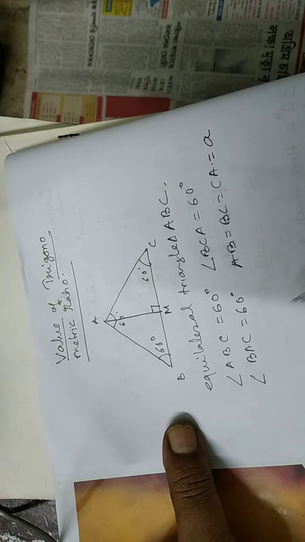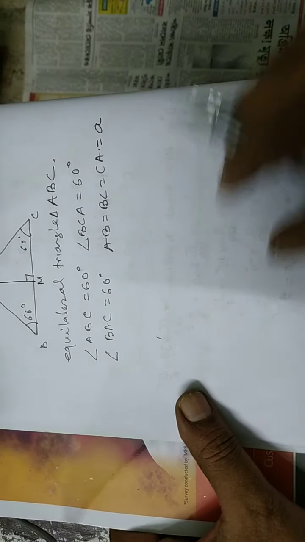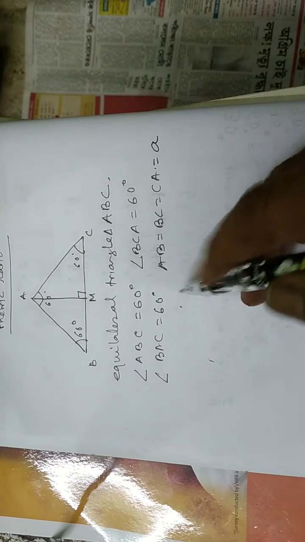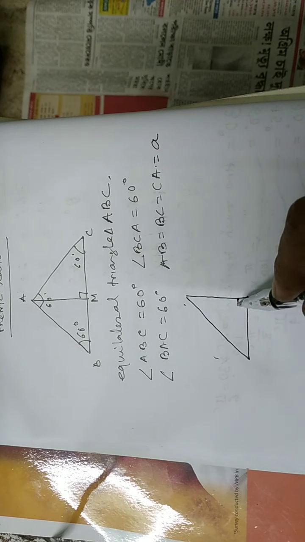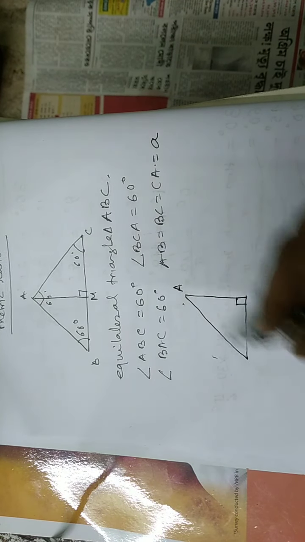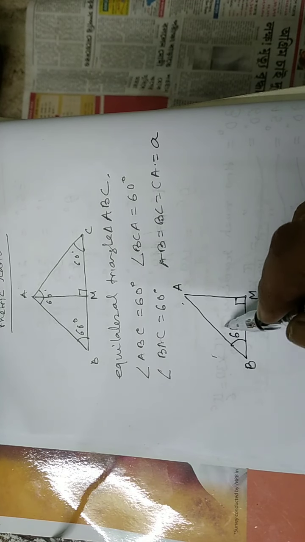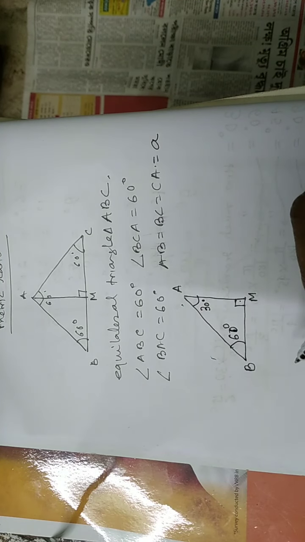If you draw a perpendicular from A to BC, then you get a triangle known as ABM. In this triangle ABM, this is 60 degree, this is 30 degree, this is 90 degree.